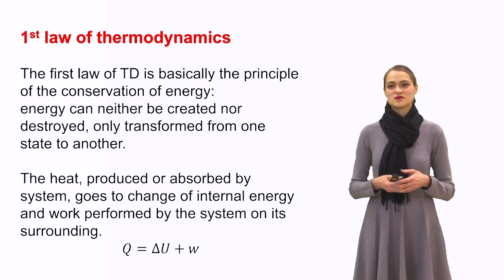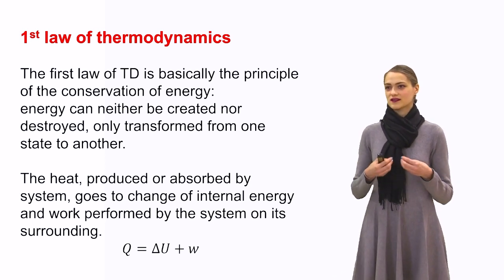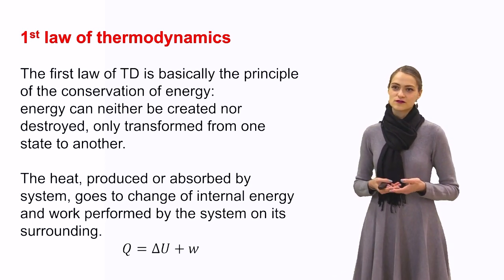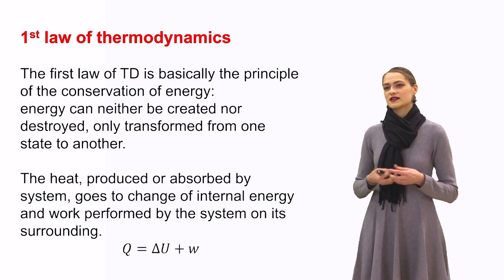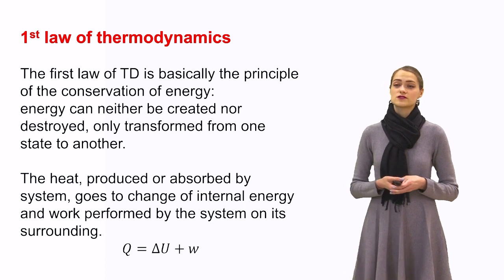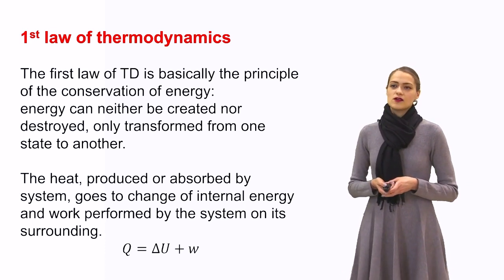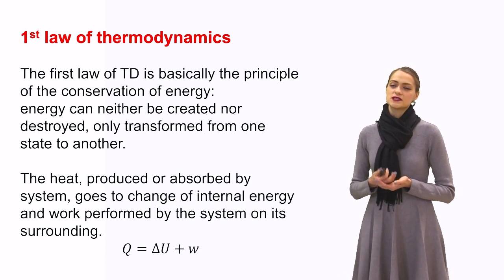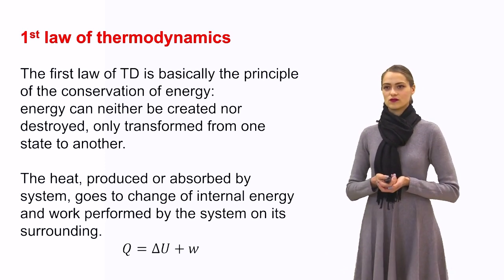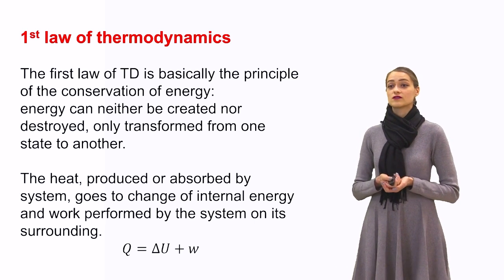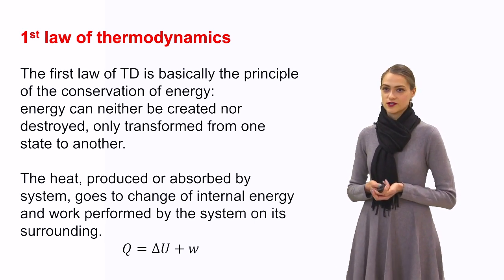The dependence and proportions between work, heat, and of course internal energy we can see in the first law of thermodynamics. The first law of thermodynamics is a particular example of the law of conservation of energy.